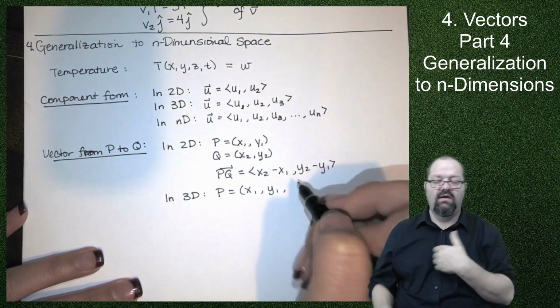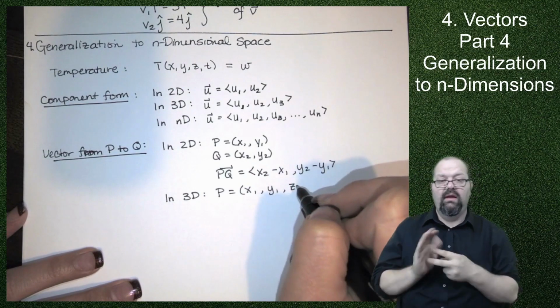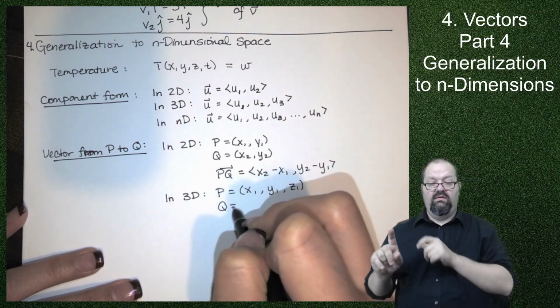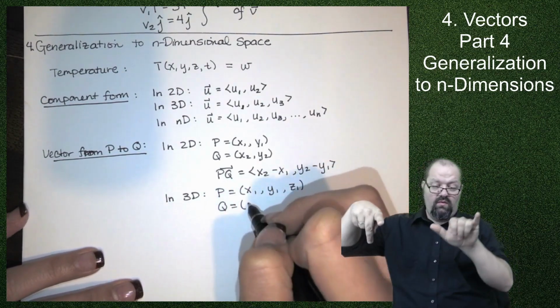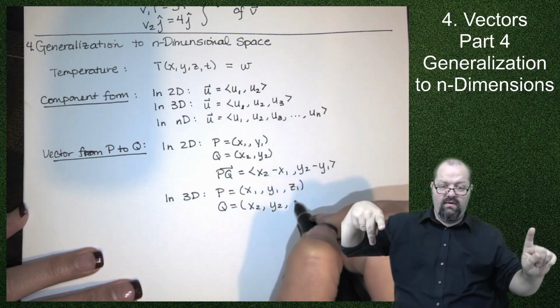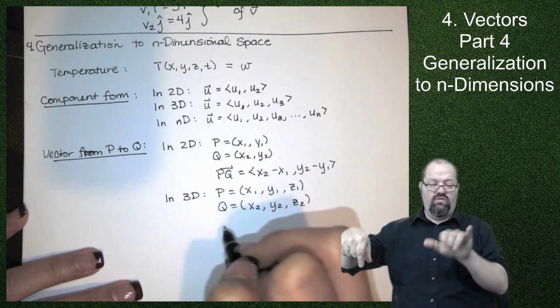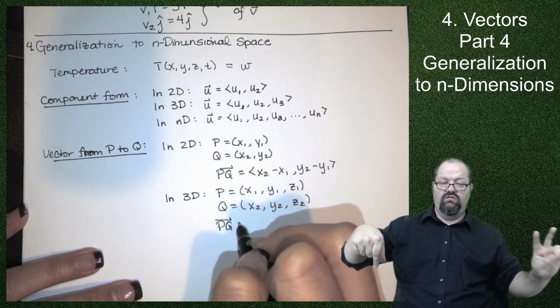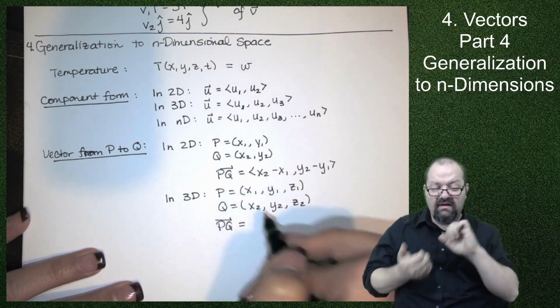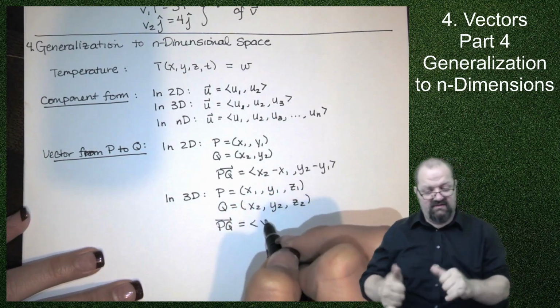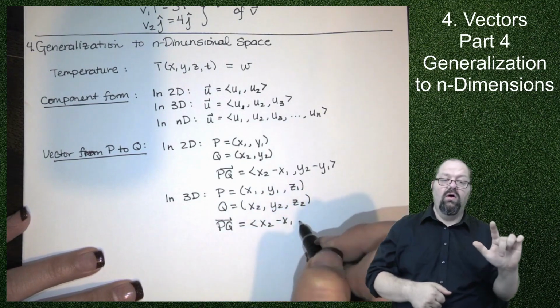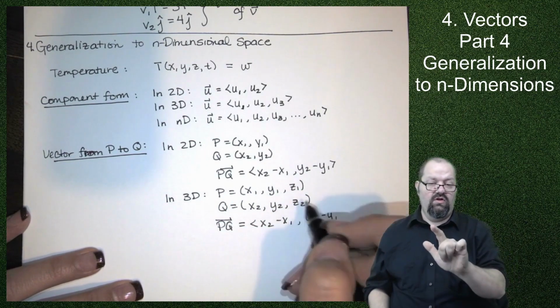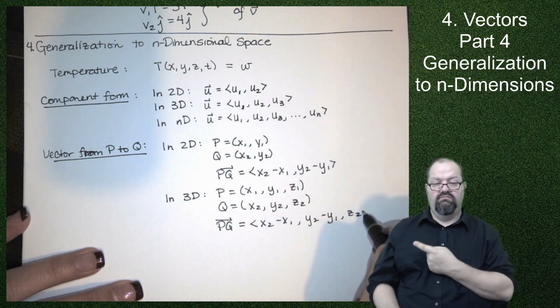So P might be represented by x1, y1, z1, and Q might be represented by x2, y2, z2. And you can imagine how we come up with PQ again. It's still terminal minus initial. We're going to do x2 minus x1, y2 minus y1, and z2 minus z1.